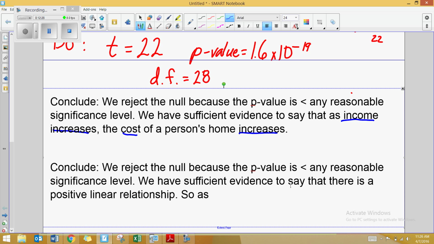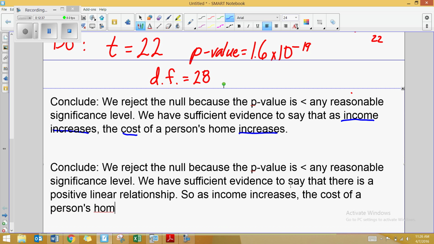So as income increases, the cost of a person's home increases. Okay, a couple different options here. I give you guys templates, but they are just suggestions. You don't have to follow them word for word. Again, just decision, justification, and interpretation of that in context.